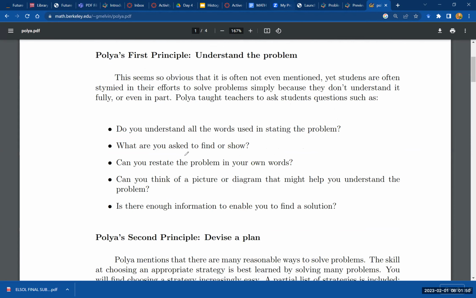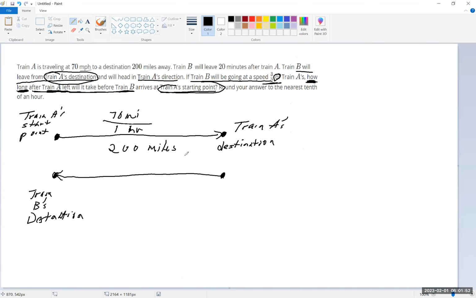Okay, so let's see if we can figure out how fast train B is going. We know it's going 3/2 of 70 miles per hour. So let's figure that out over here. So 3/2 of 70 miles per hour.